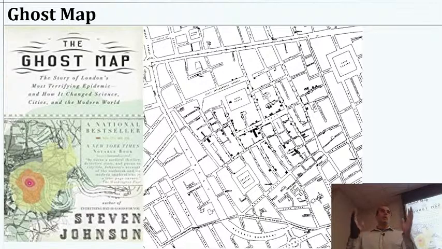And if you can imagine living in one of the homes along this street, these black bars here, and I'll have another image of more, each little blip is one death. So you can imagine how terrifying it would be to live in the squalor of London in the 1850s, because it's probably a stinky, not great place to be in some ways.